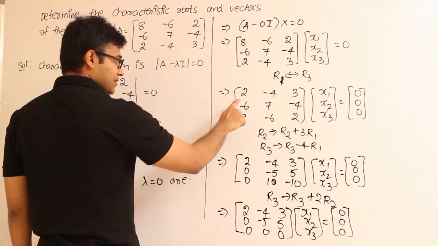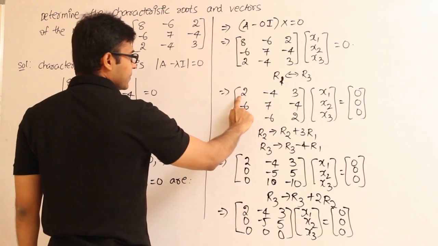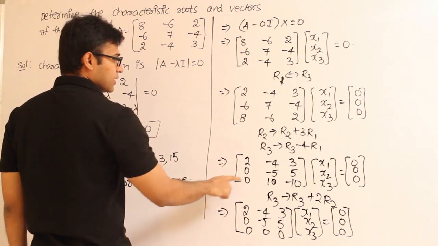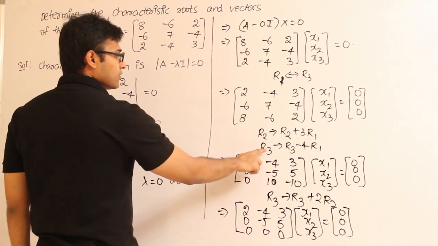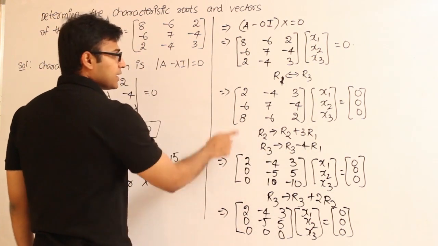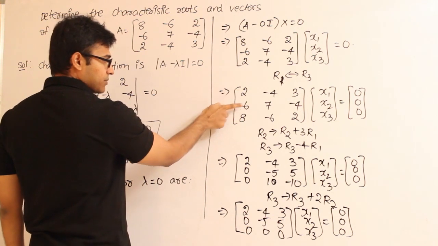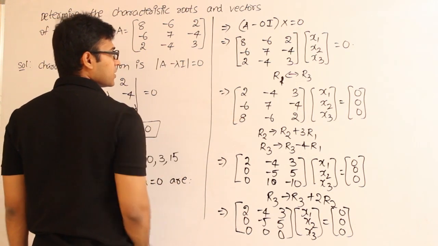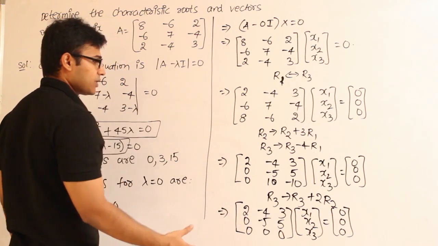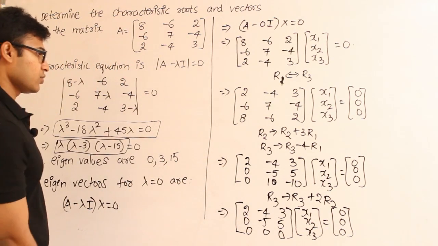Because I am multiplying this with 3 and then adding the result to this, I'll get 0 here. And then R3 is replaced with R3 minus 4R1. If I multiply this with 4 and subtract it from this, I'll get 0 here. Therefore I got 0 in these two places. I'm trying to make as many values zeros as possible.